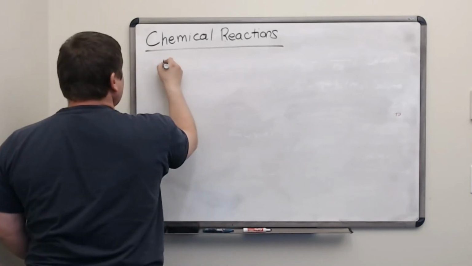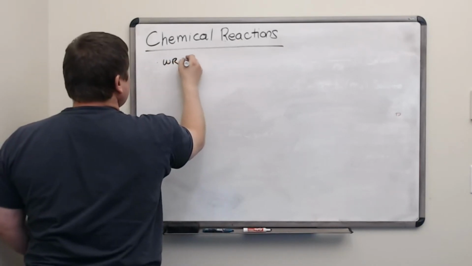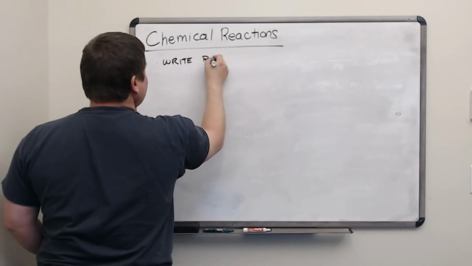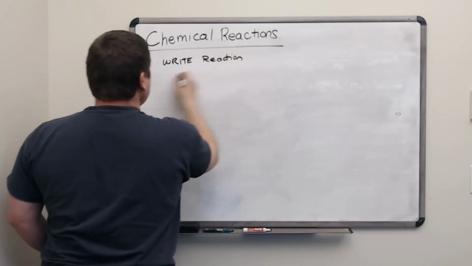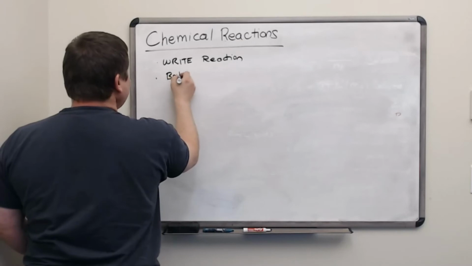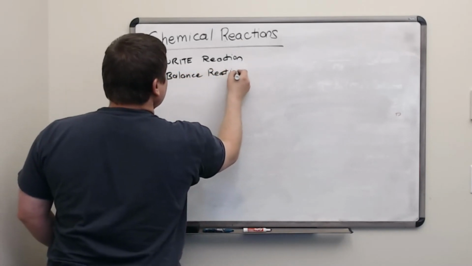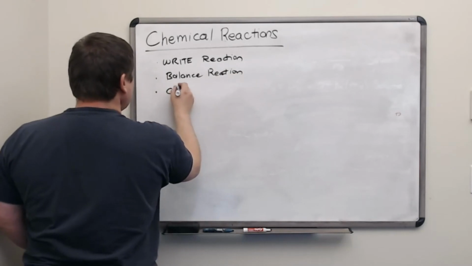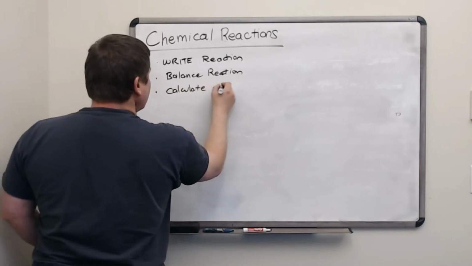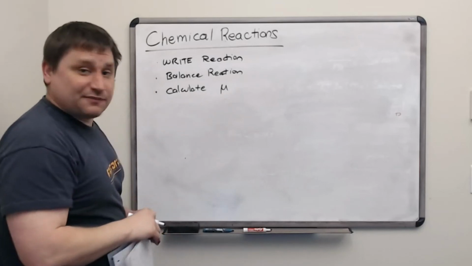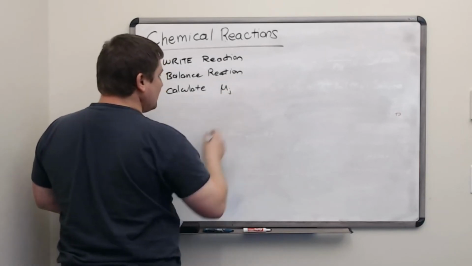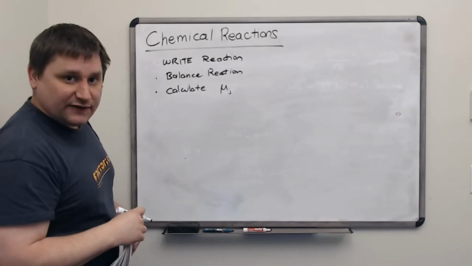So first, write the reaction. Secondly, we have to balance the reaction. Third, we have to write down expressions or calculate the mu's for each chemical compound that's in the reaction.